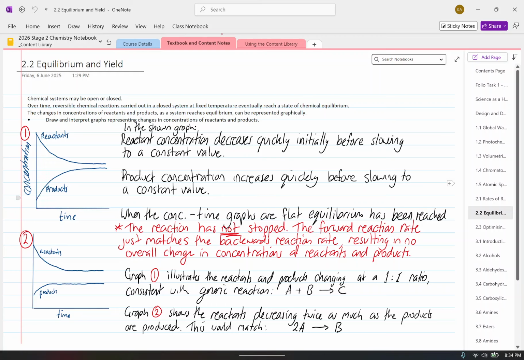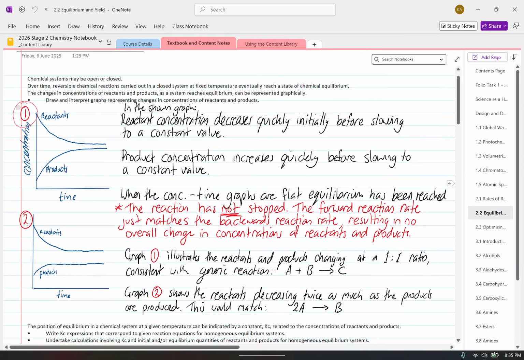Similarly, those products are increasing in concentration, so they are going to react themselves back into the reactants, and that rate will increase as the concentration increases. Eventually, we get our reactants getting to a point where they are forming products at the exact same rate that the products are forming reactants again, and that's when we have equilibrium, where there's no net change.